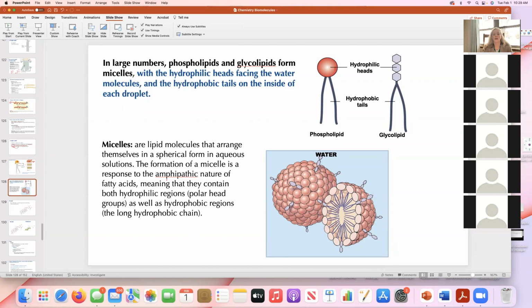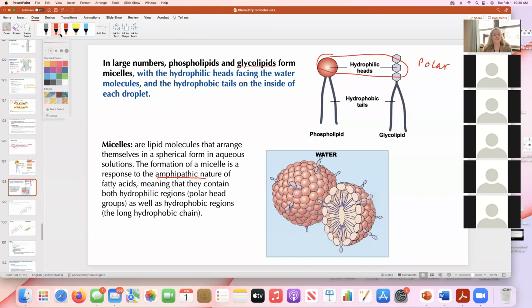So we call these molecules amphipathic in nature. Meaning that the fatty acids have these hydrophilic regions that are polar and attracted to water, but as well, they have regions that exclude water.